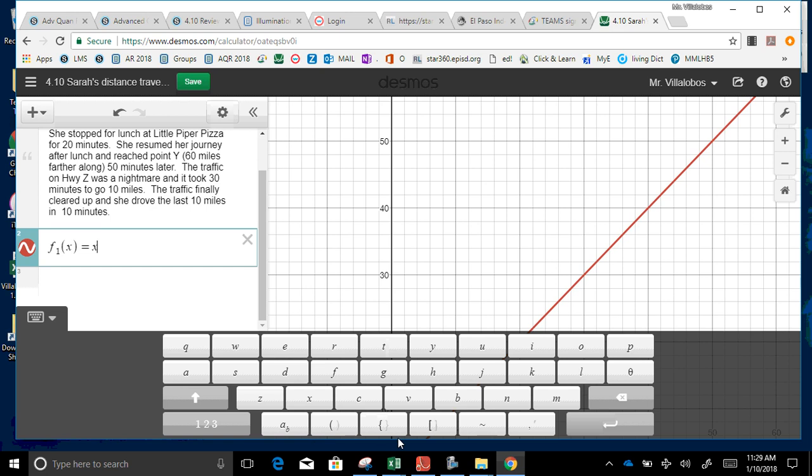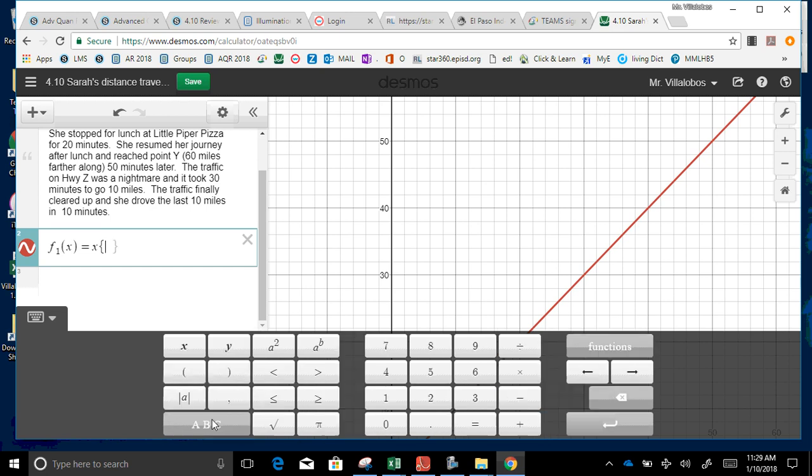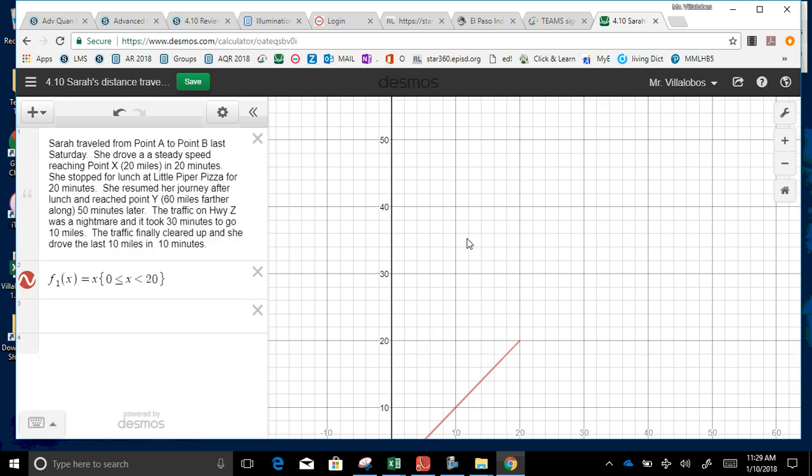But this is only true for the first 20, so 0 less than or equal to x less than 20. Well, I meant to put 0. Let me put it back. So you see here we have that first piece.